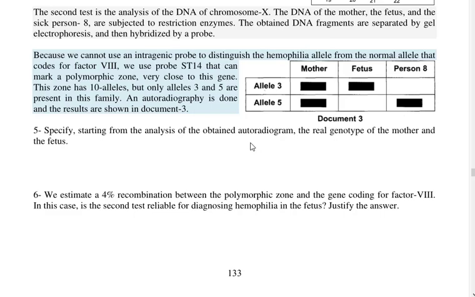Person 8 has only allele 5 because he is affected, so allele 5 is the affected one. No, no, I am not deciding now which is affected and which is normal. I am asking why the person 8 has 1 probe, the fetus 1 probe, the mother 2 probes.